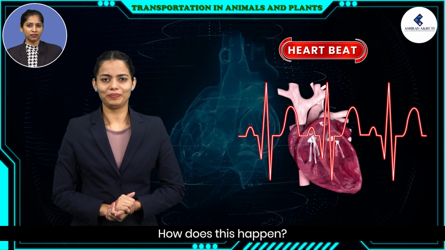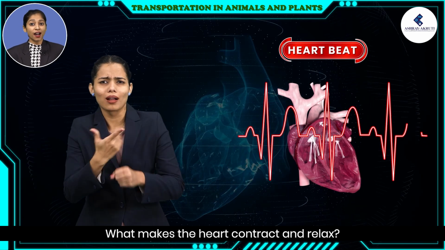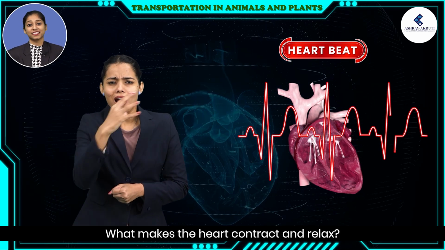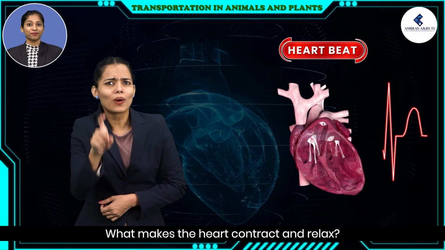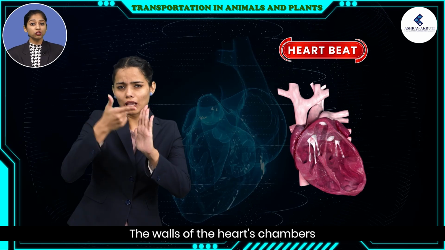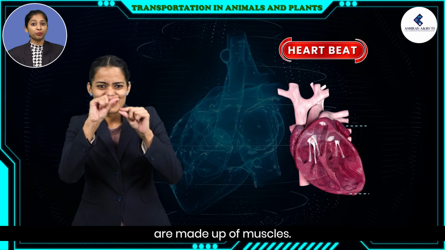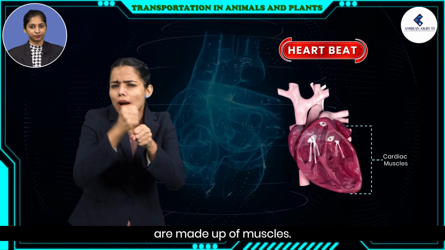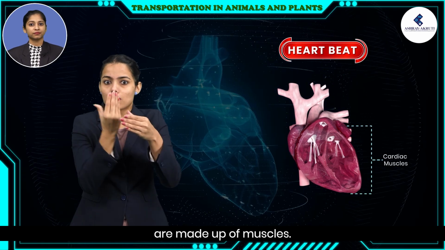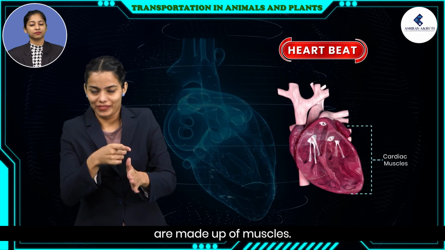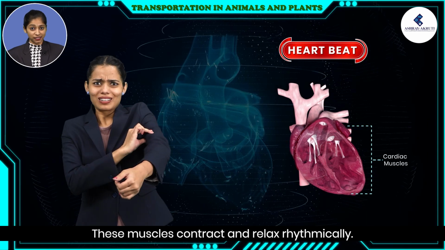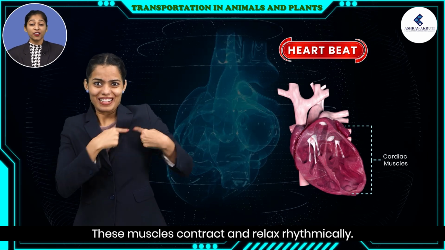How does this happen? What makes the heart contract and relax? The walls of the heart's chambers are made up of muscles. These muscles contract and relax rhythmically.